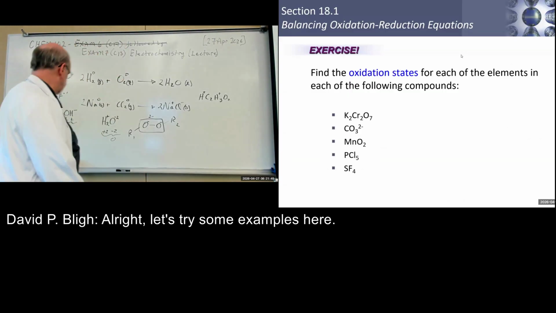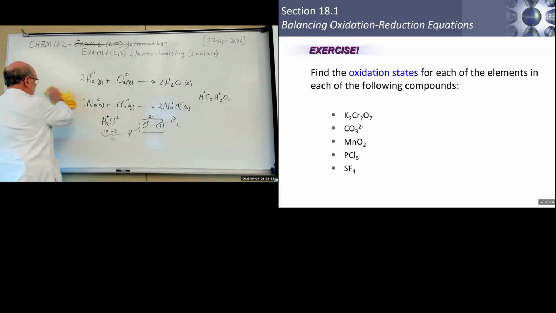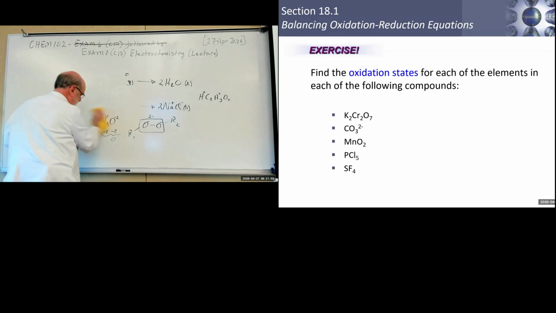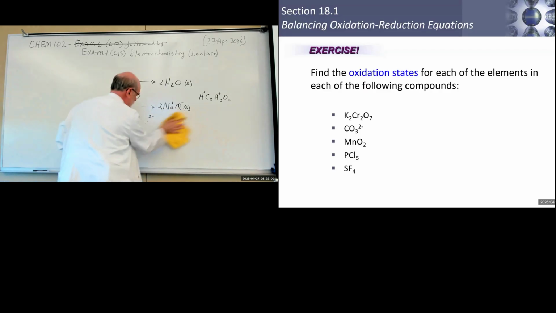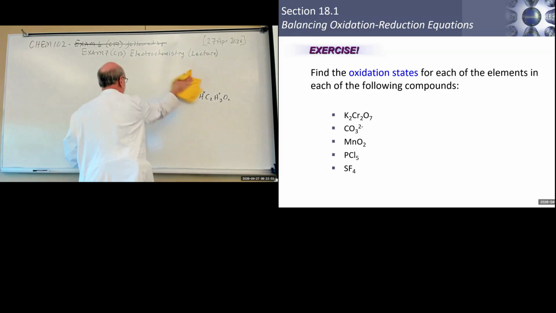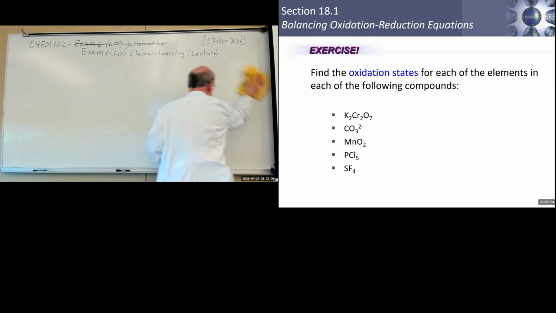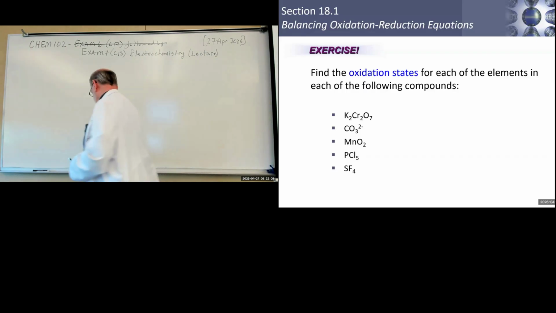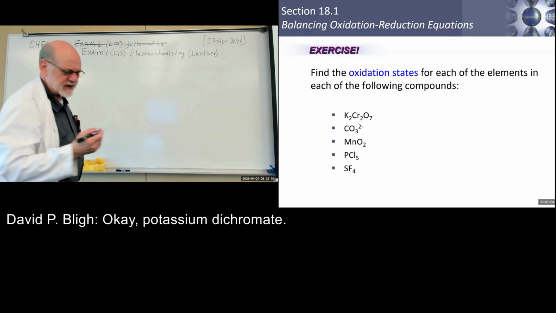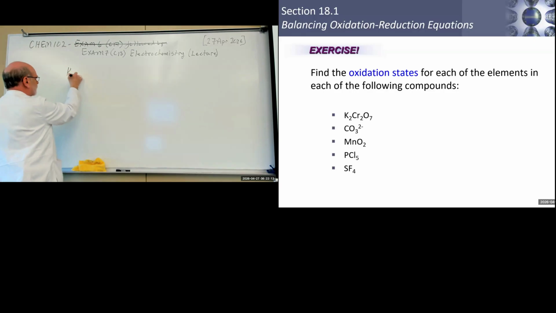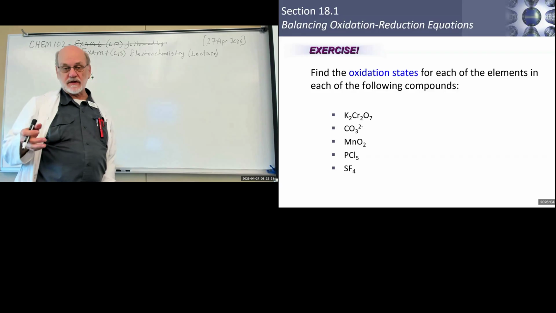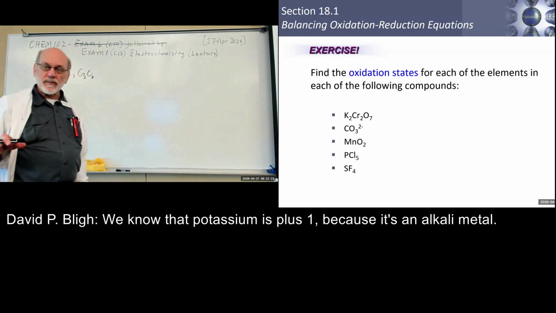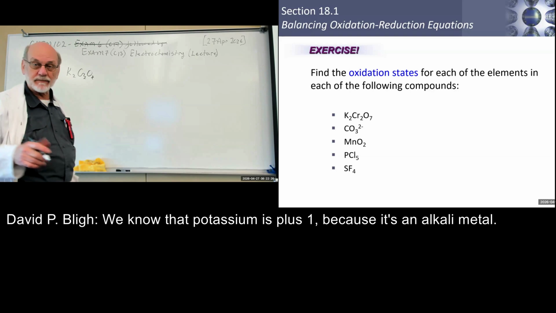All right, let's try some examples here. Okay, potassium dichromate. Okay, that's a neutral compound. They have two options here. We know that potassium is +1 because it's an alkali metal.